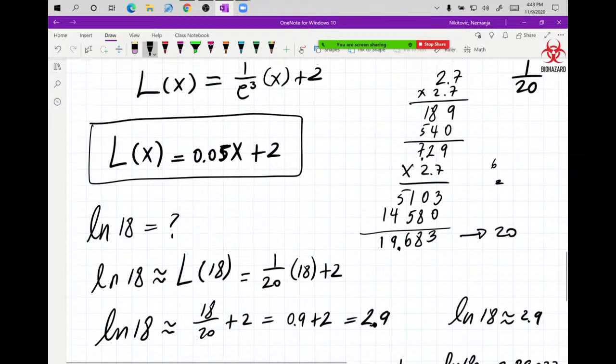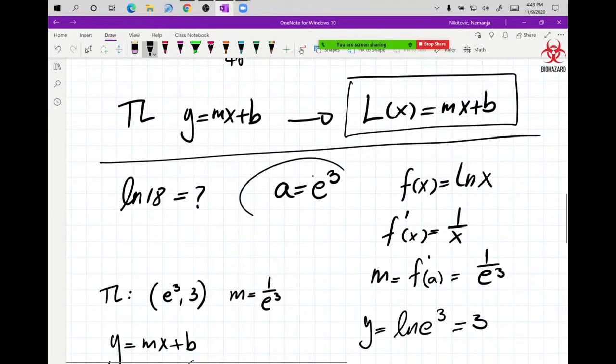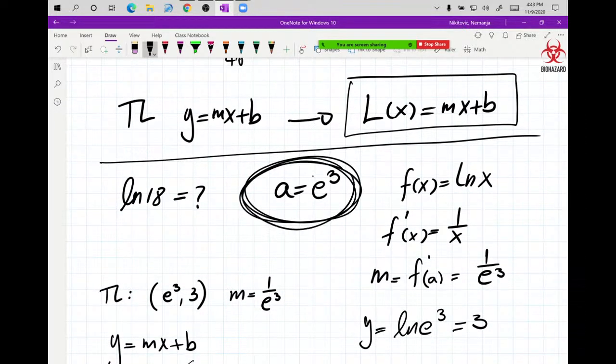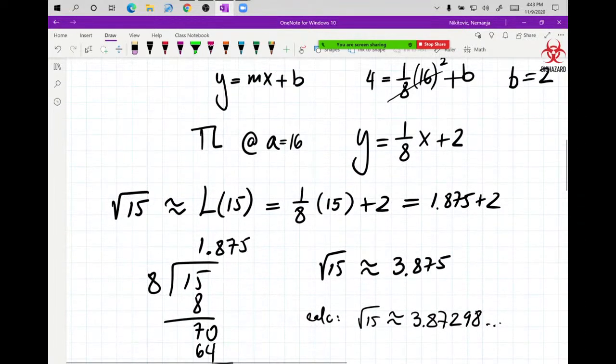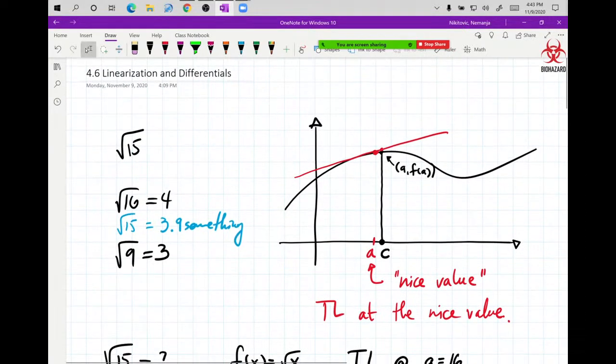Now, what happens when you pick this value poorly? When you pick this value far away from the value you are trying to compute, your entire calculation becomes garbage, because the further away you are from the point you are trying to compute, the more error there is when the tangent line is done.